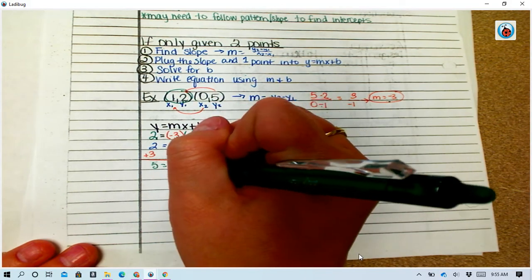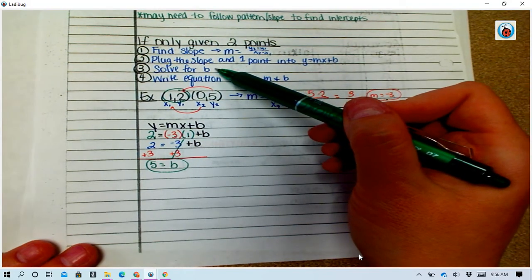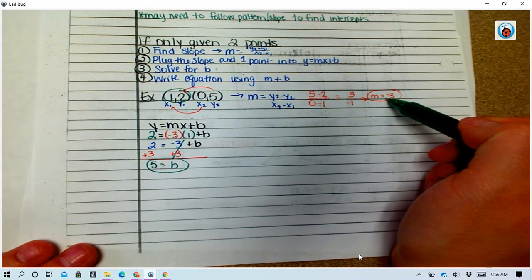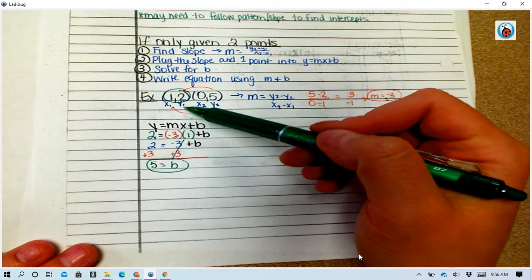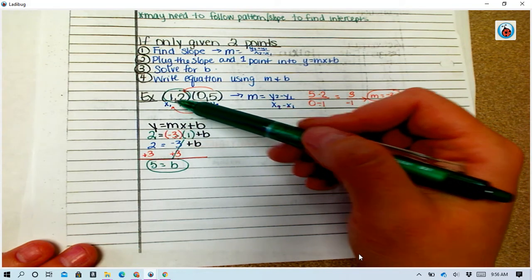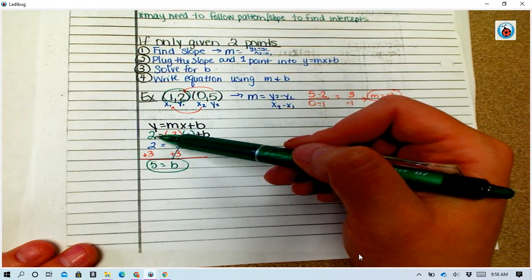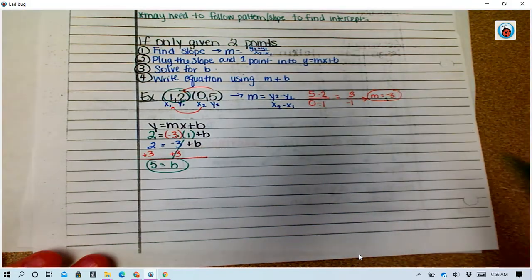This cancels. b is all by itself. That was the third step. So one more time. We found the slope up here to be -3. We plugged the slope in, and this very first point, x is 1, y is 2. We did the arithmetic, and we found that b was 5.